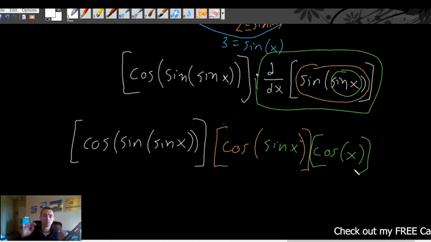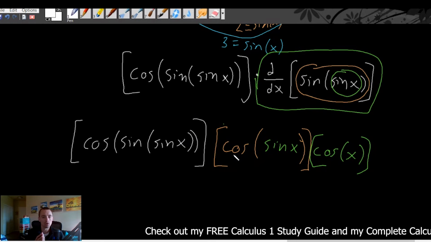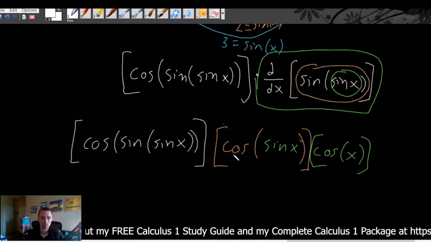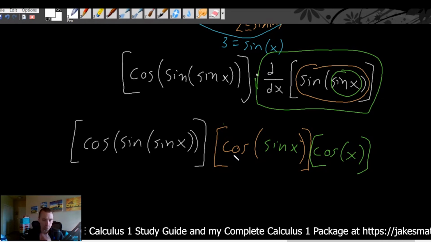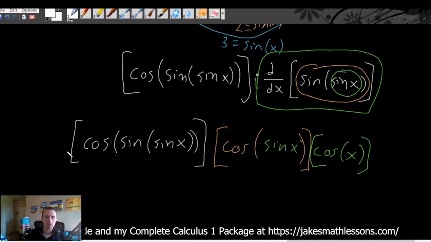So you're basically just starting with the outermost function and working your way in one function at a time. And each time, you're leaving all the functions that are more inside of that layer alone. So hopefully that clears that up a little bit.